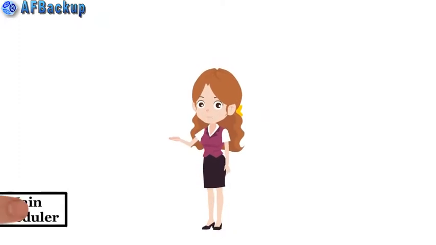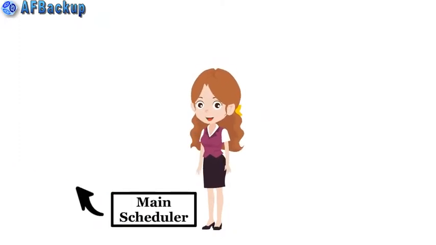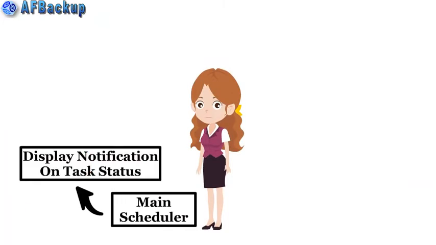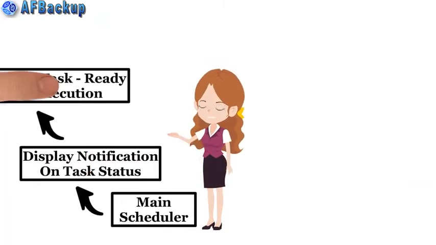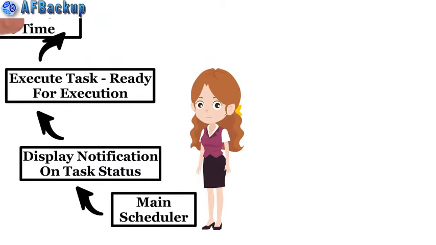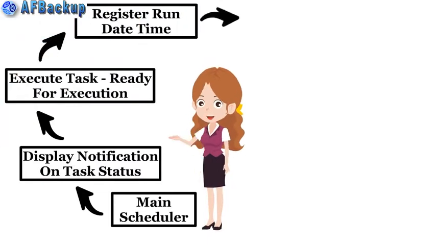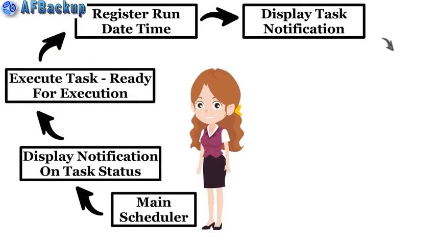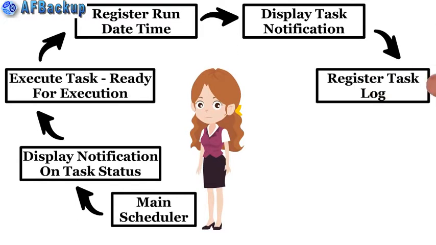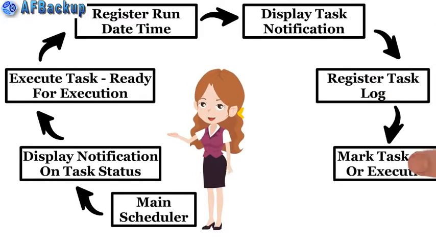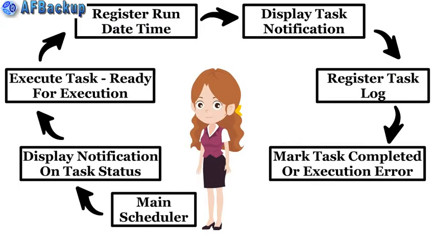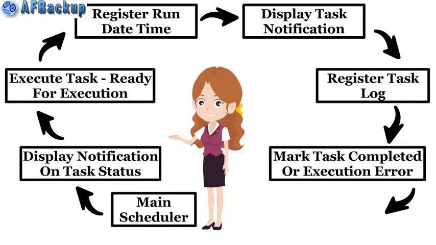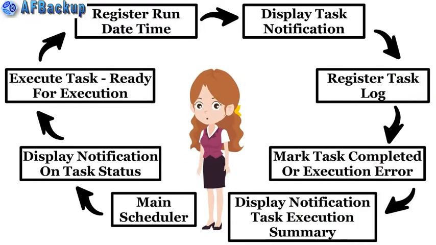So in short, the main scheduler displays notification of task status, executes task, registers system date time, displays task notifications, registers task log, marks the task as completed, or as execution error, and displays notification of task execution summary.